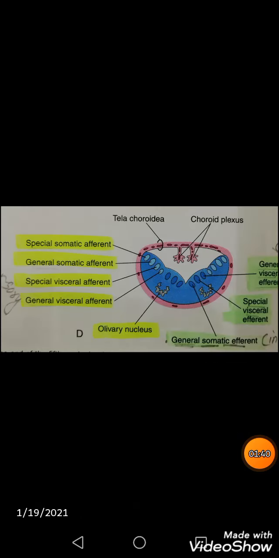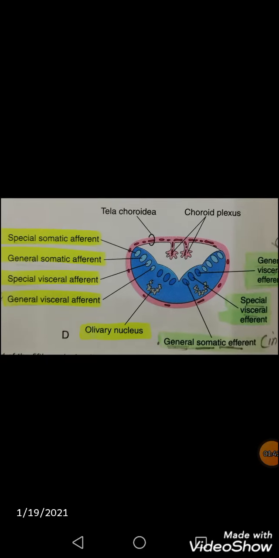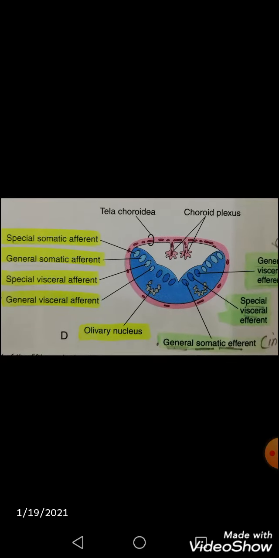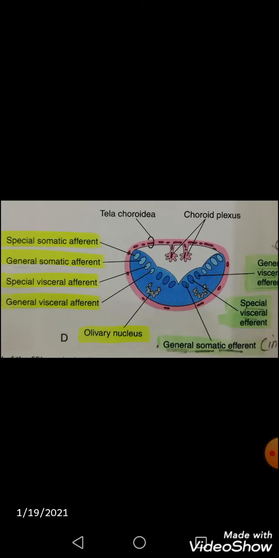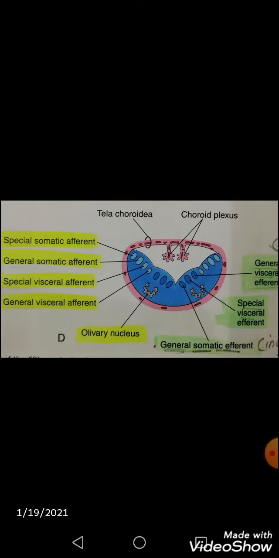Now you are looking into another diagram, a transversely cut view of the brainstem, near the medulla oblongata. Here, as we have seen, the same arrangement which we observed in the spinal cord, the medulla oblongata will also show the white and gray matter.